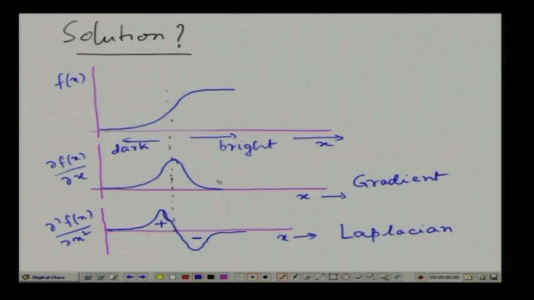And then to decide which point lies on the dark side and which point lies on the bright side, we can make use of the Laplacian output, where the Laplacian will be negative if a point is lying on the bright side of the edge, and the Laplacian is positive if the point lies on the dark side of the edge.